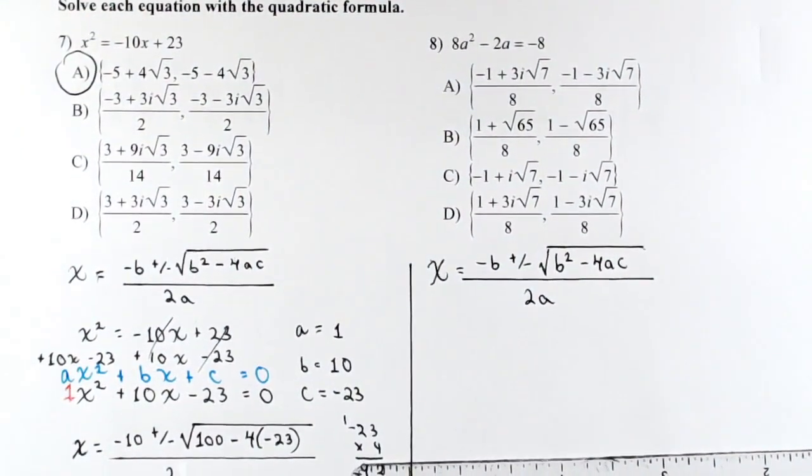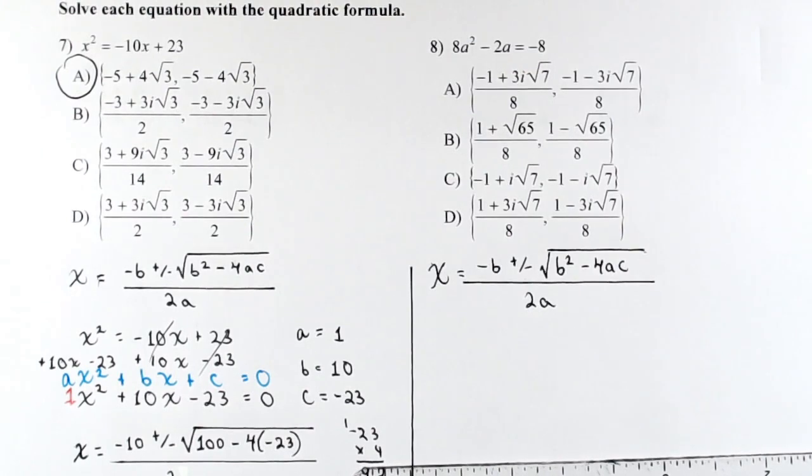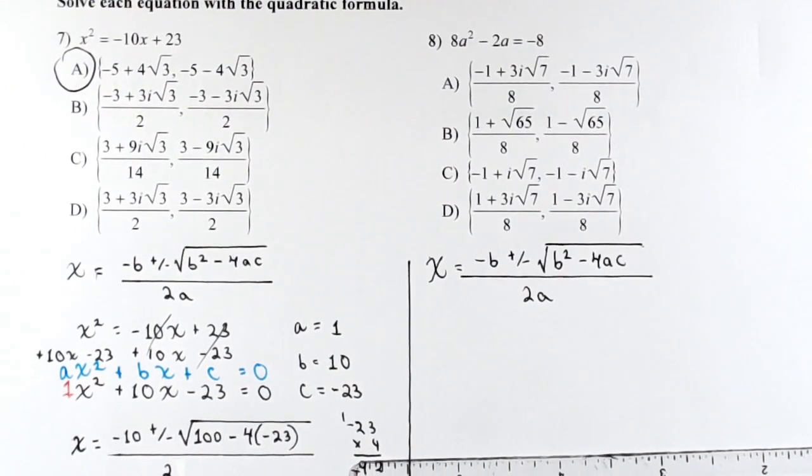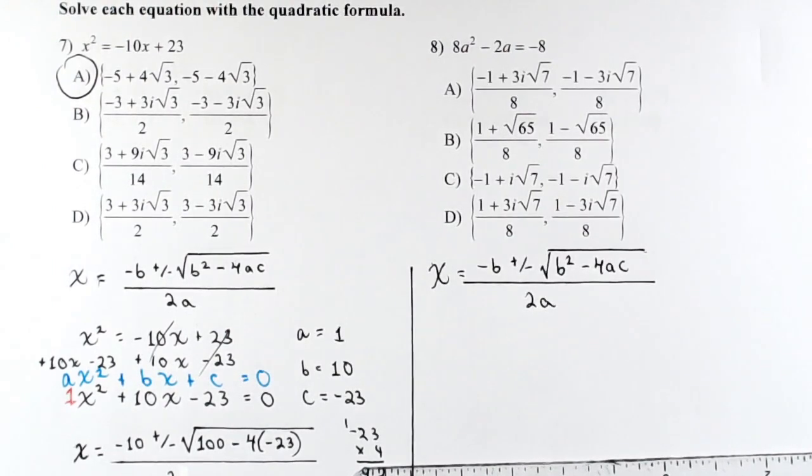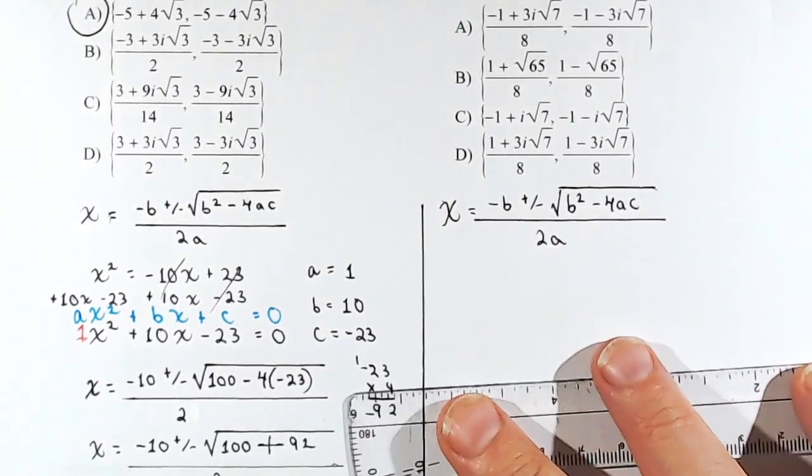Sing that song to yourself when you're taking a shower, getting ready for work or something. You will remember that forever. You'll come back and find me when I'm an old man in a wheelchair, and you'll say, hey, I still remember the quadratic equation. Saved me a million times.